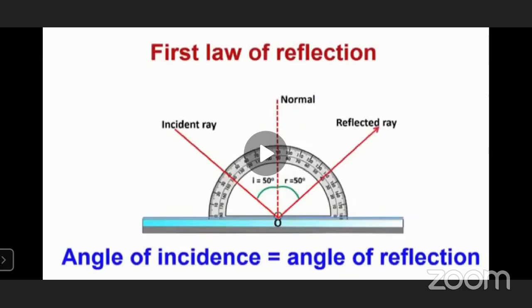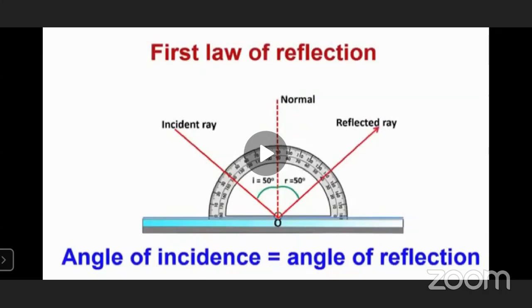This thing you might have known in the 8th standard. The incident ray, reflected ray, and normal lie in the same plane. And here, if you measure with a protractor, the angle of incidence is equal to the angle of reflection, children. You note it here.